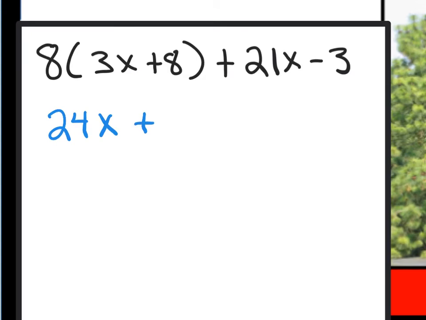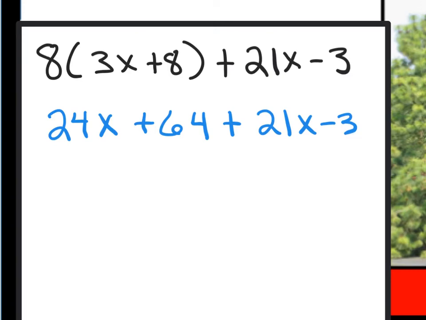And then you just drop the plus sign here, right? And then 8 times 8 is going to give you a 64. So drop the 64. And then you're going to just drop the rest of the equation. The plus 21x minus 3. Bam! Right there you have it, my friends. 24x plus 64 plus 21x minus 3.